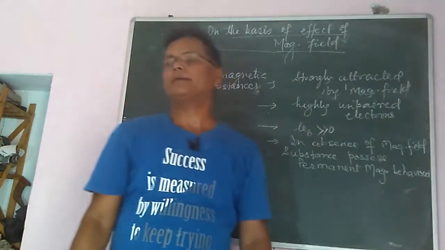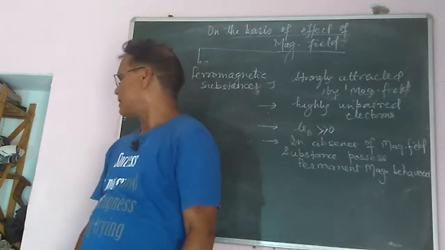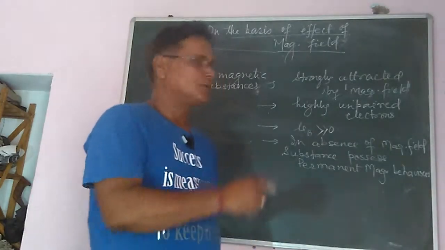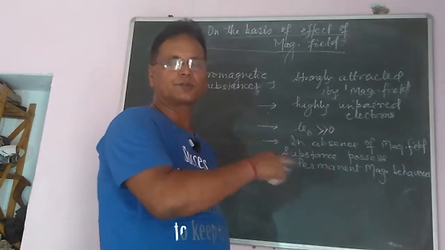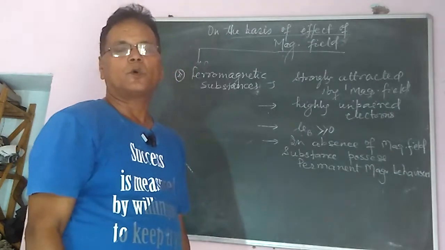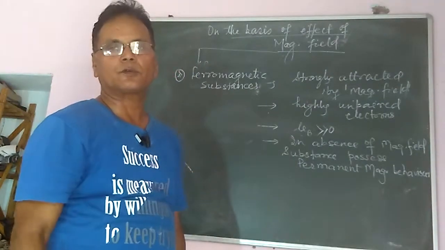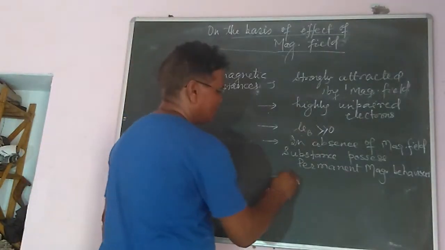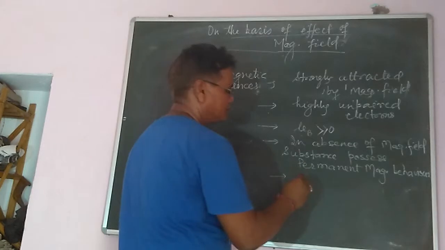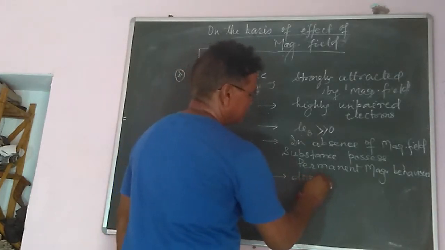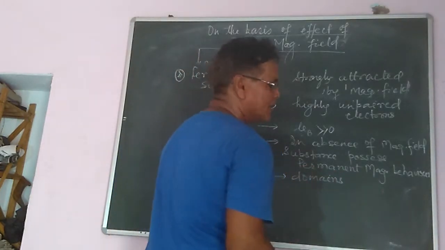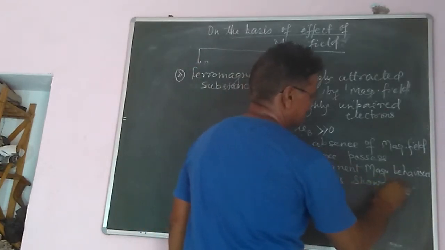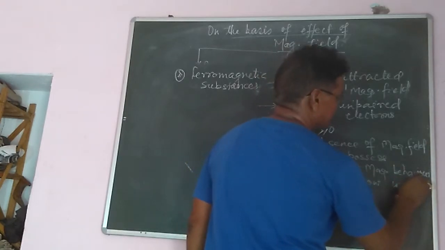This permanent magnetic behavior of this ferromagnetic substance is due to the alignment of domains of electrons in the direction of the magnetic field. Due to this parallel alignment of domains, it shows unidirectional behavior.